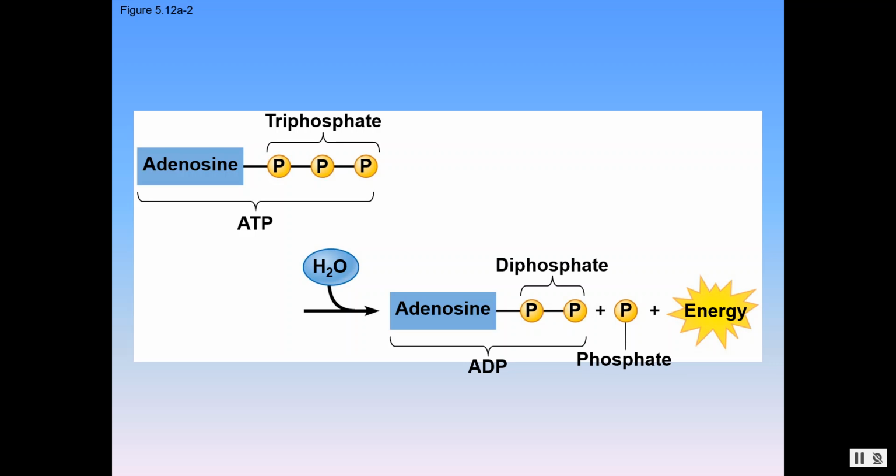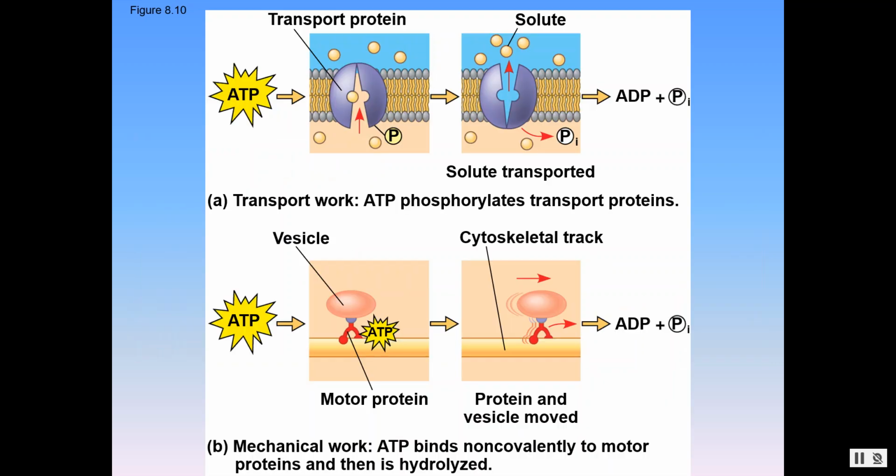ATP is a nucleic acid that transfers energy from food to cellular work. And again, when the phosphate is removed, the ATP triphosphate becomes ADP and energy is released, right? So this is an energy releasing process, which means it is exergonic in nature. We're going to talk a lot about ATP in the next chapter.